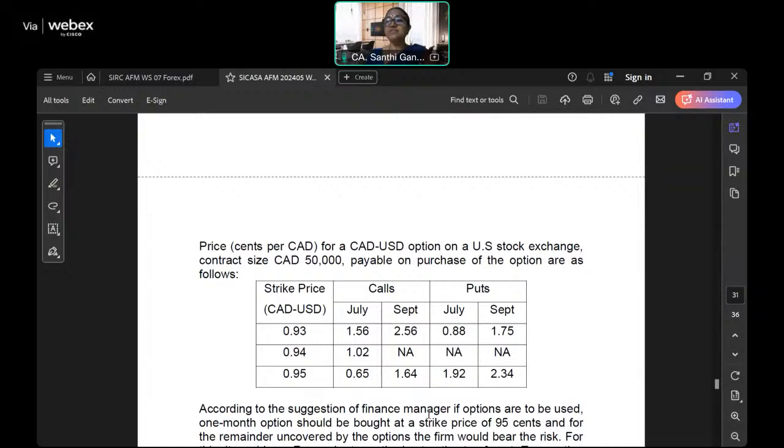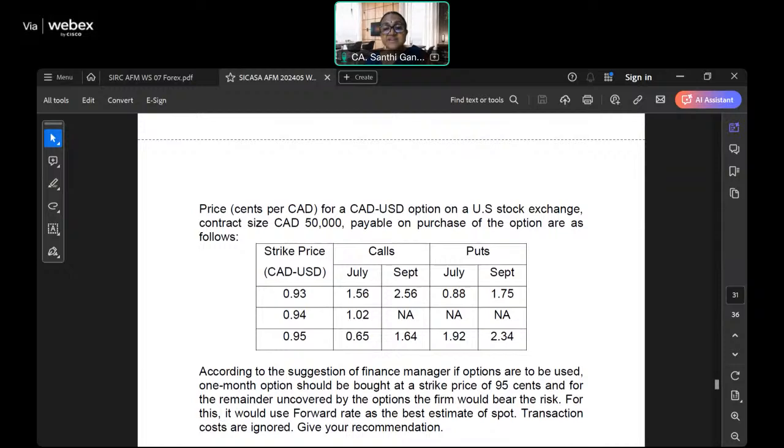We will not restrict only to 95 cents. We will do for $0.93 or 93 cents, with strike price $0.94 or 94 cents, and $0.95 or 95 cents. All three we will do. Please try.